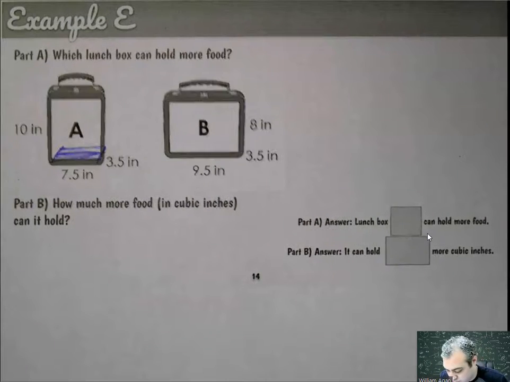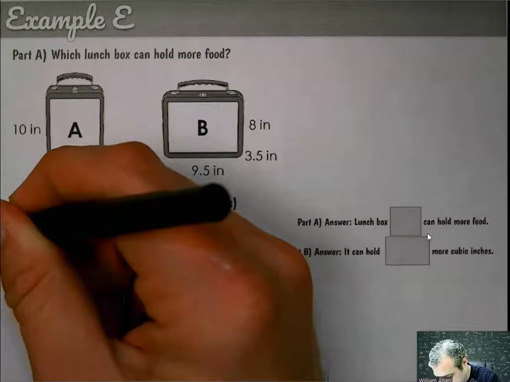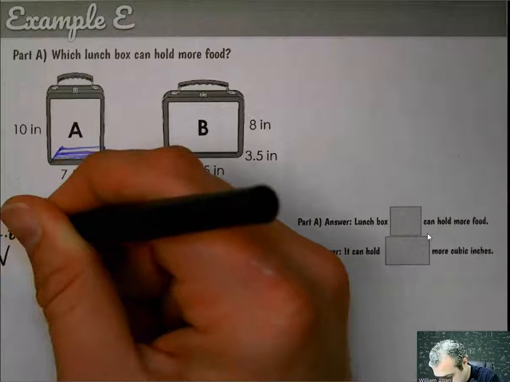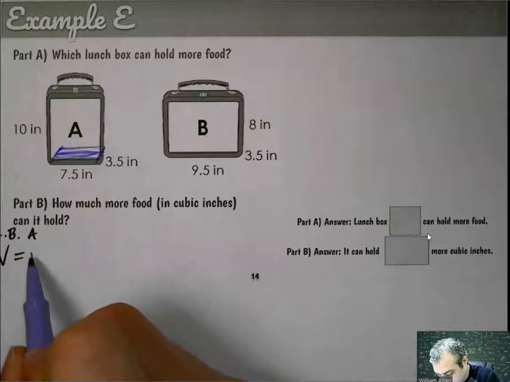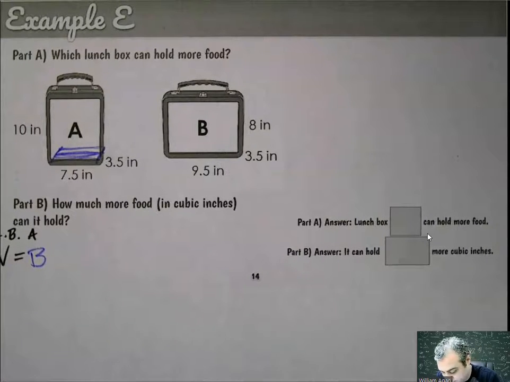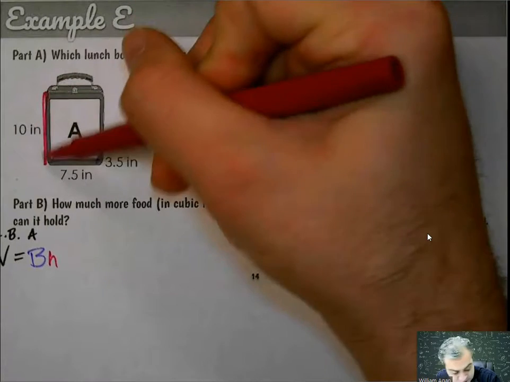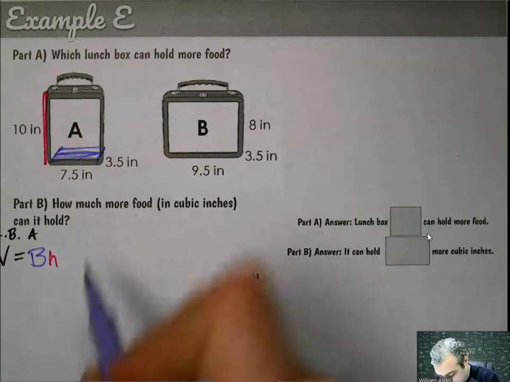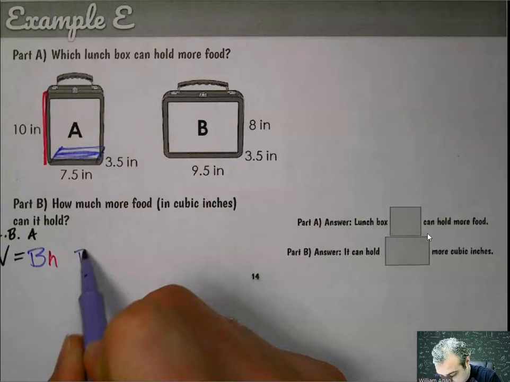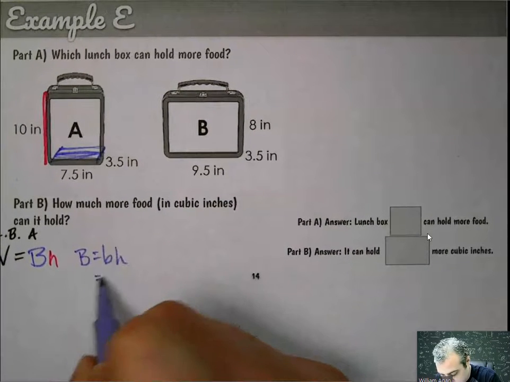And our volume, this is lunchbox A. Volume equals big B times H. This is our H over here, which we will get to in a little bit. Big B is the area of the base. So the area of the base is a rectangle, so that's going to be base times height.